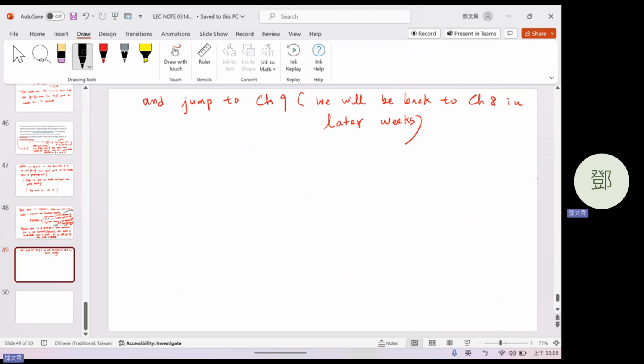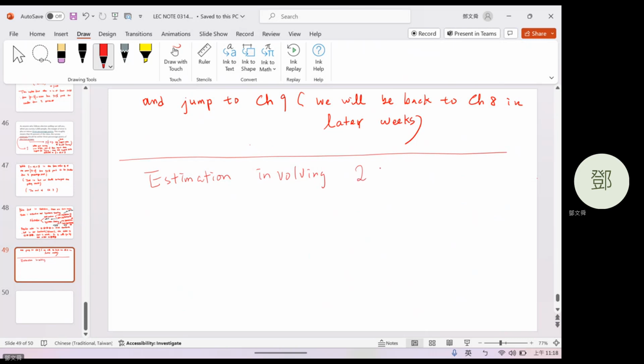So let's go to chapter 9. Estimation involving two populations. Okay.